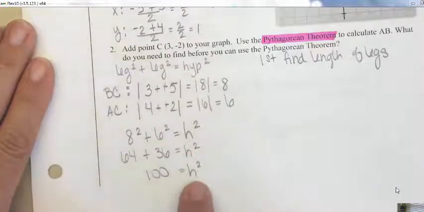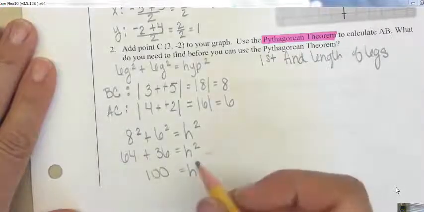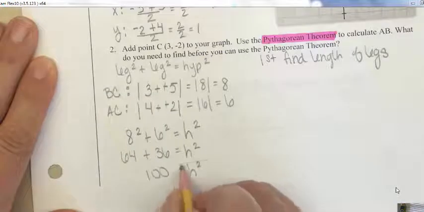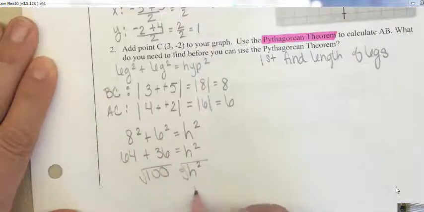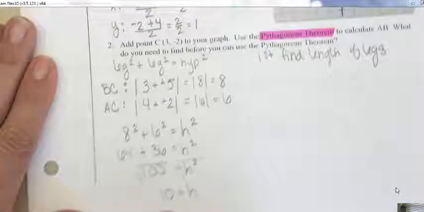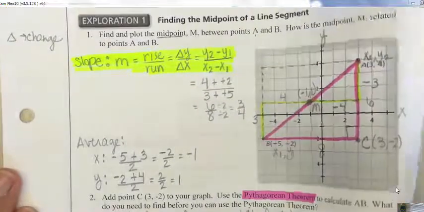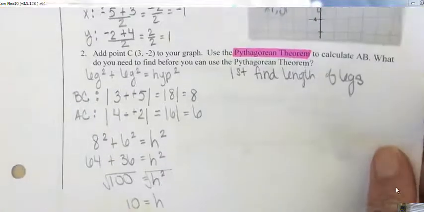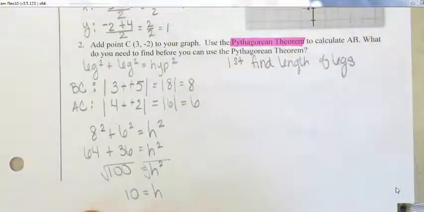Now I've got to solve for h. Well, to undo a square, you do a square root. So here, I'm going to square root both sides. So h is equal to 10. It can only be positive, and I'll talk more about that later with you, but right now it's got to be positive because we're talking about the length. Okay, so h is equal to 10.